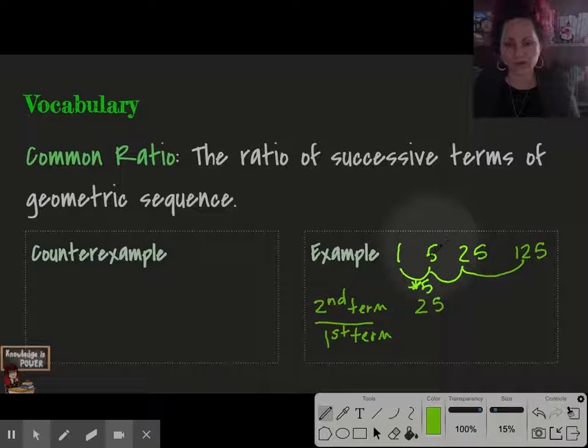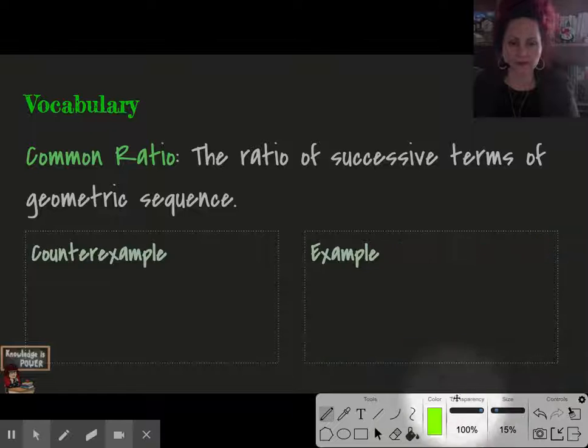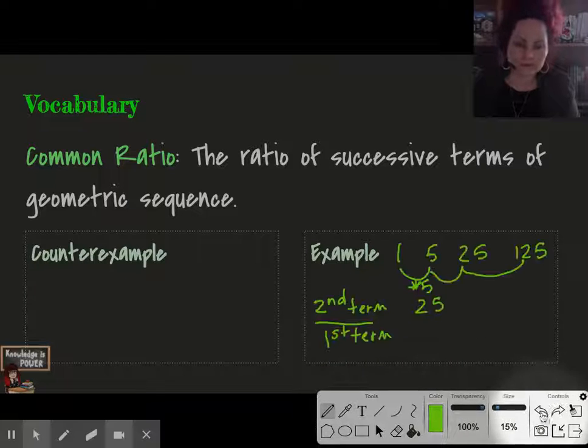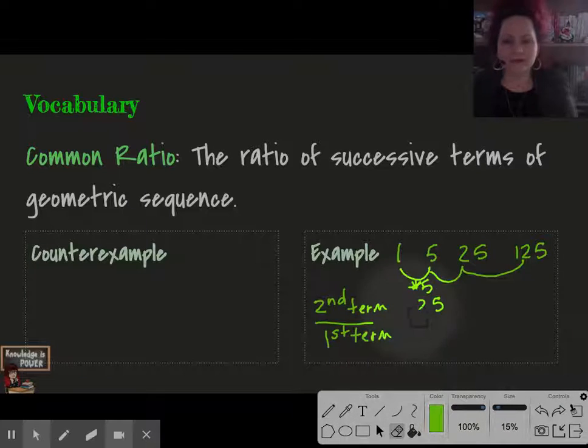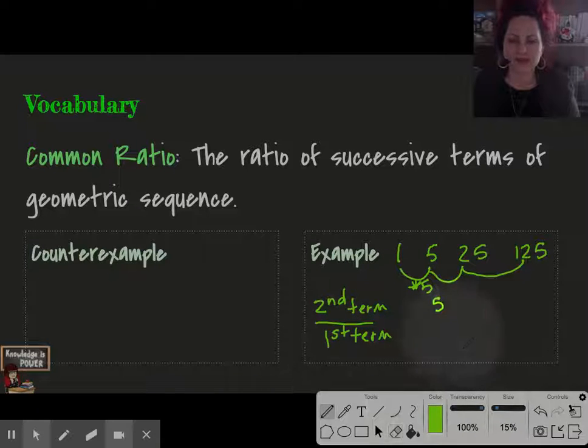Let's take 5, our second term, and divide it by the term before it. I was going to do 25 divided by 5, which ends up being the same thing. The idea is you take any term, divide it by the term before it, and you will get your common ratio.